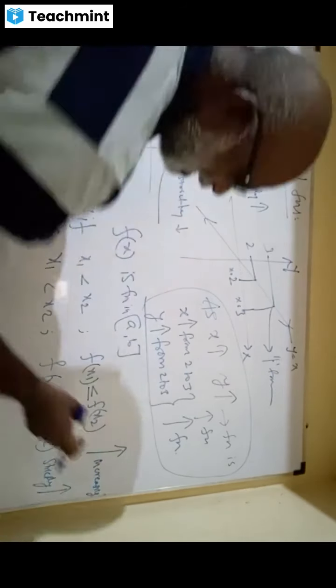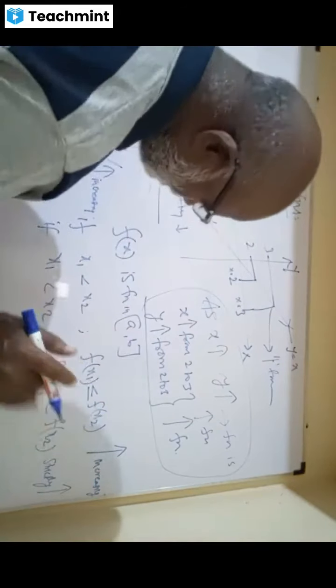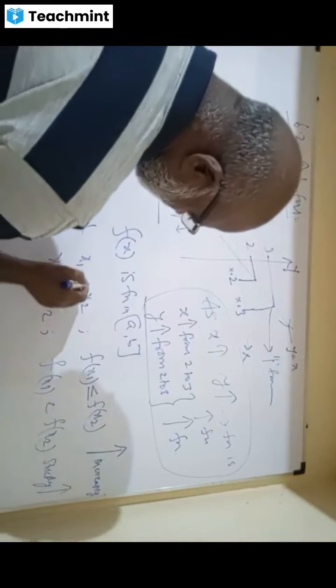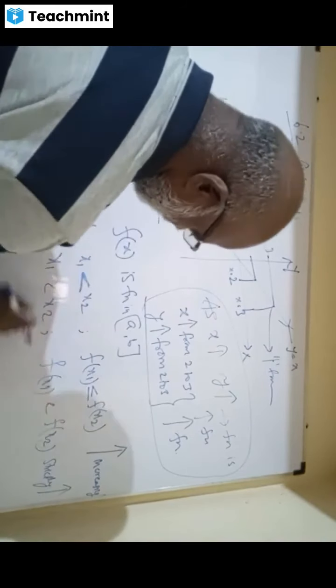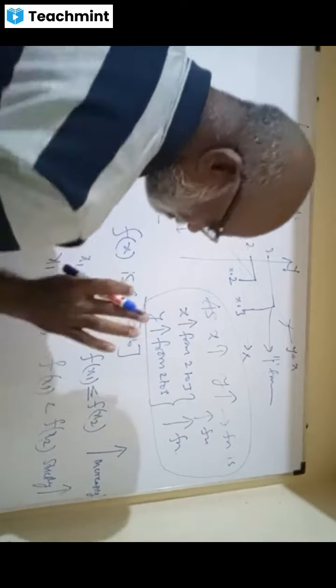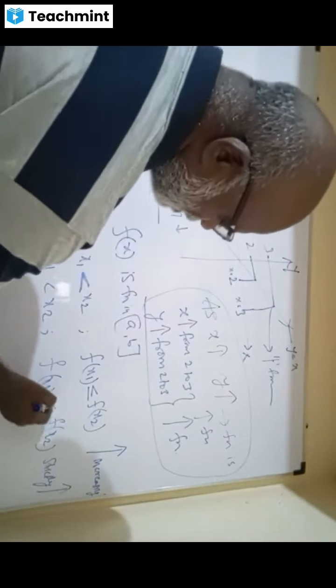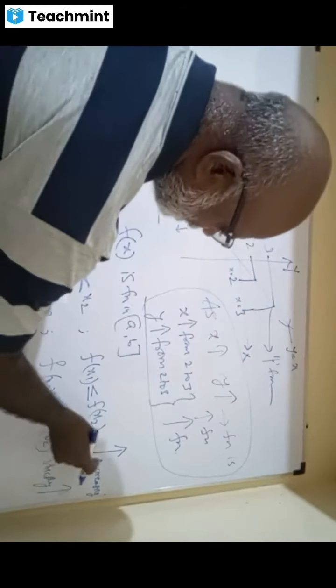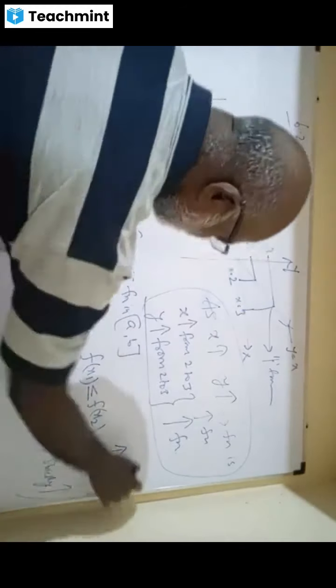Same case for decreasing, you can write the same symbols. Nothing to remember here; the same symbols should be followed. Strictly is less than, and increasing is less than or equal to.